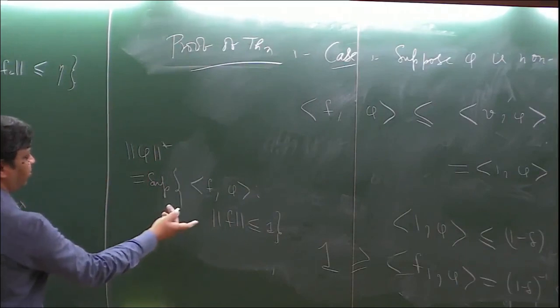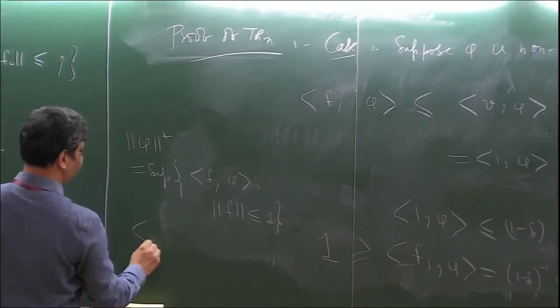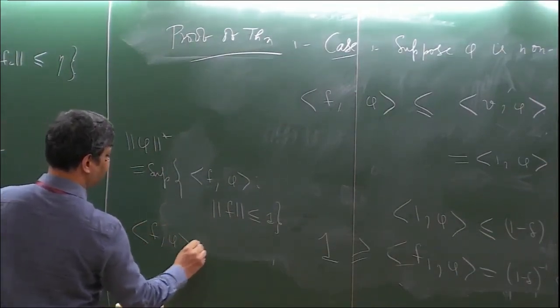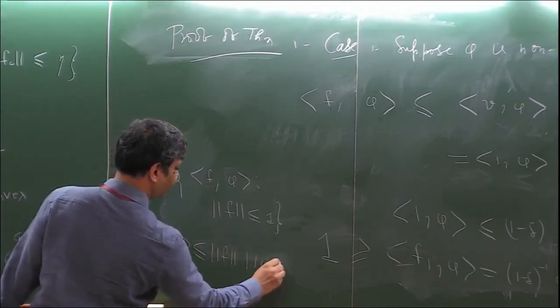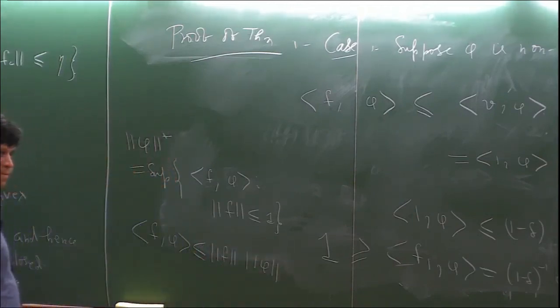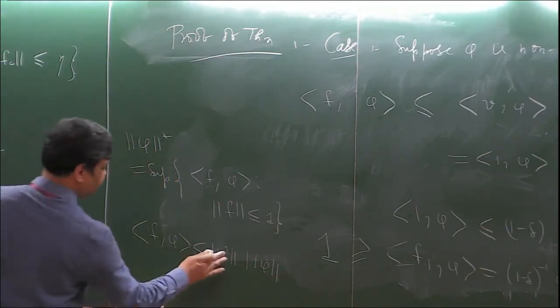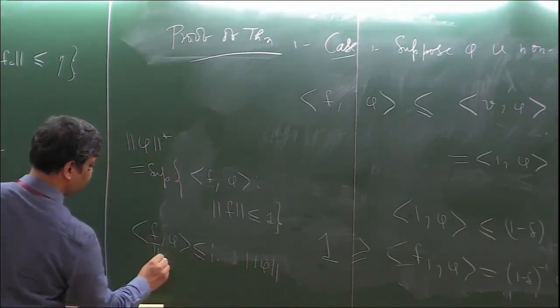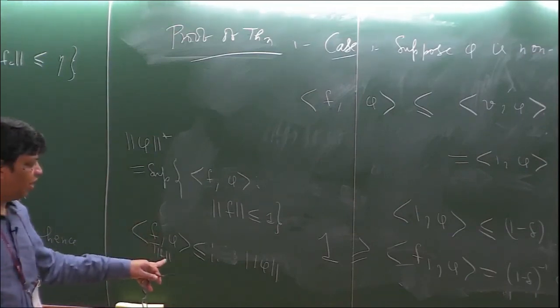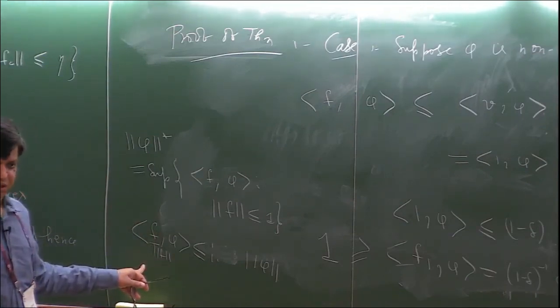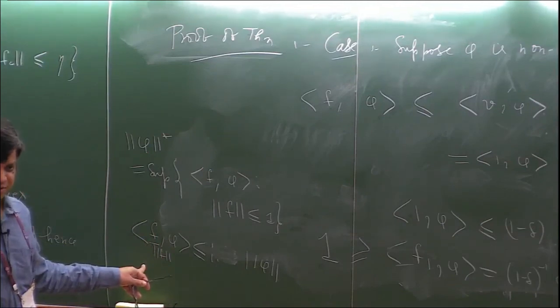I am saying that from these things, it follows that f phi is less than or equal to the norm of f into the norm of phi, because you just take f by norm f, which becomes a norm 1 function.